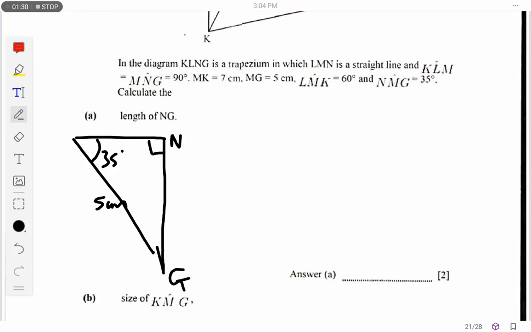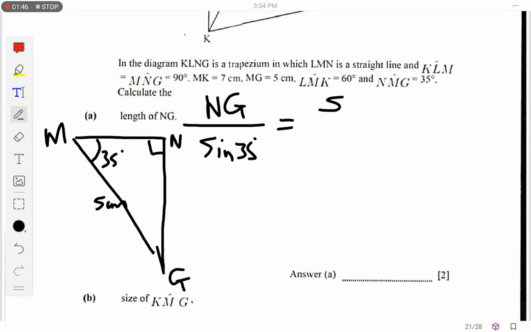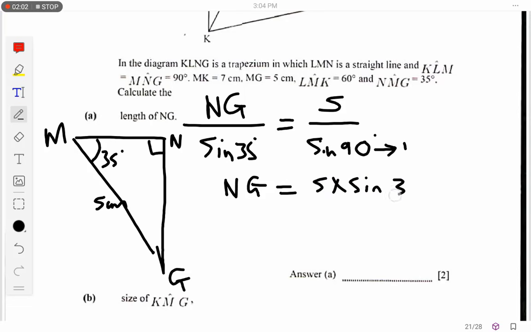Okay, I'll leave the rest here with M. So to get NG, I can use the sine rule, NG over sine 35 degrees is equal to 5 over sine 90 degrees. Okay, and always remember sine 90 degrees is equal to 1. So this is equal to a 1, this one. So I'll have my NG is equal to 5 times sine 35 degrees.